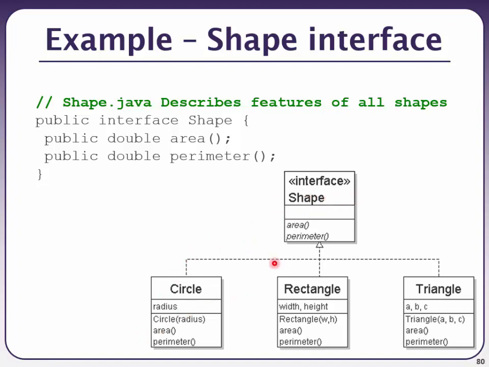So one implements an interface and one inherits from a superclass, two different things. So that just means that in this case, Circle, Rectangle, and Triangle are bound to actually provide full implementation for those methods. And those implementations are going to be different in each of the classes here. But we have to have in each of those classes an implementation for those two methods because they said they would implement this interface.